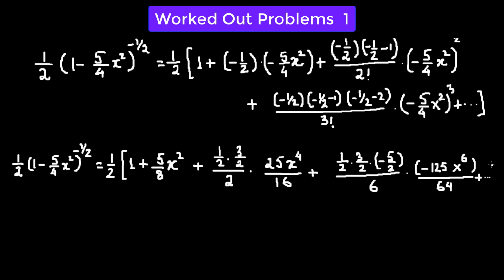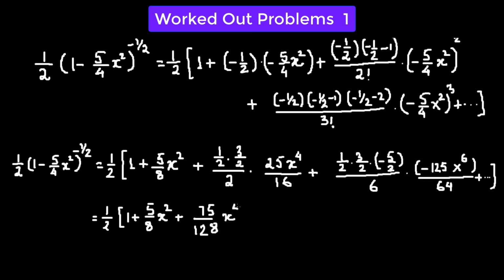plus the remaining terms. This would be equal to half times 1 plus 5 over 8 x squared plus 3 times 4 and 4 times 2, so we have 3 times 8, and 3 times 8 times this would be 75 divided by 8 times 16, so 8 6 48, 128.